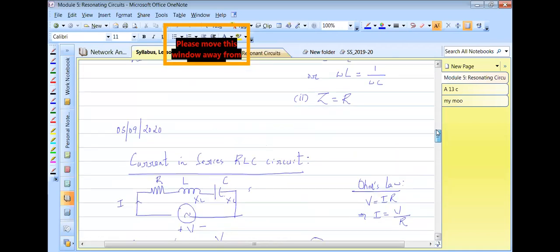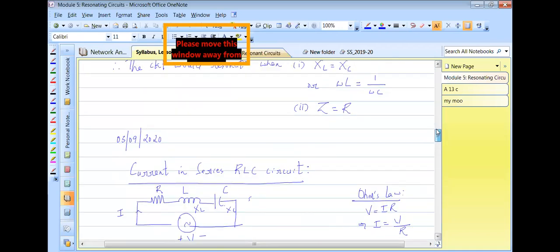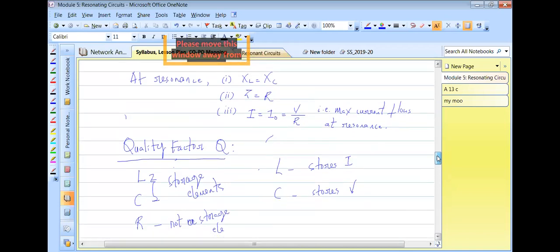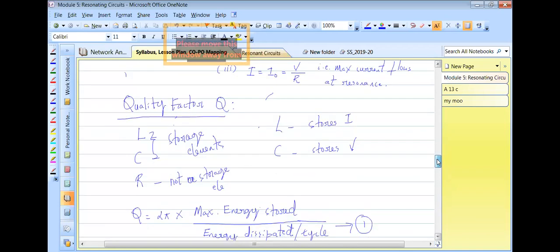This is quite important from an examination point of view. So just learn how to find out the equation for the quality factor.